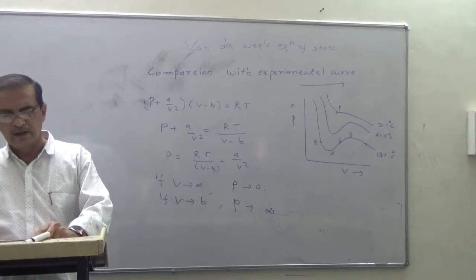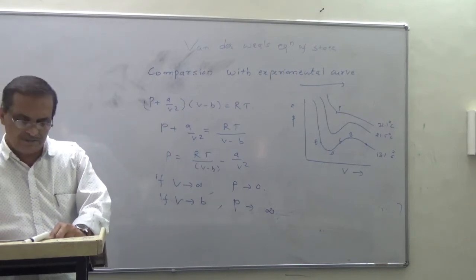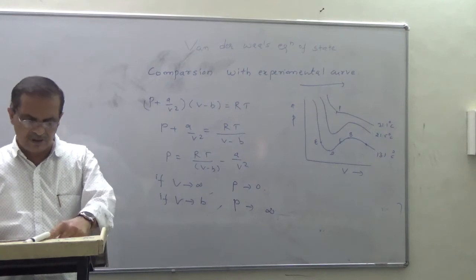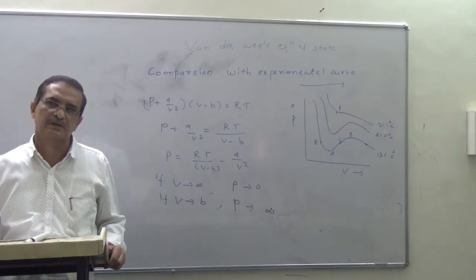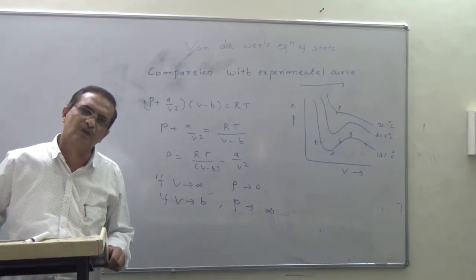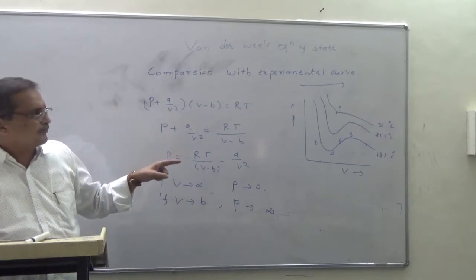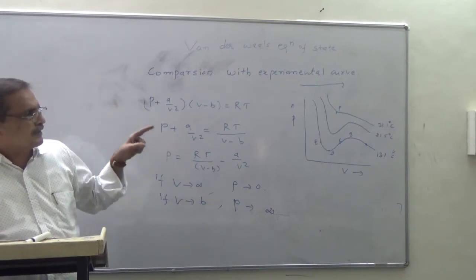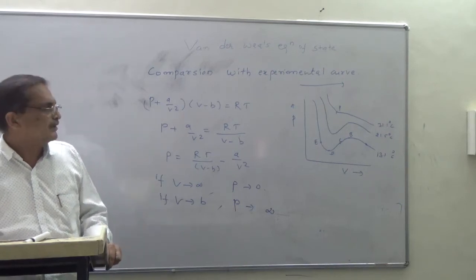In this graph we see that there are three curves. This graph is plotted for CO2 gas at three different temperatures: 13.1 degrees centigrade, 21.1 degrees centigrade, and 31.1 degrees centigrade.